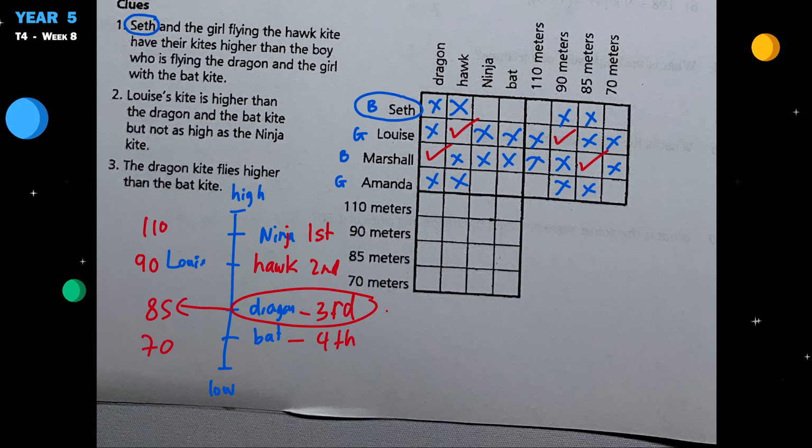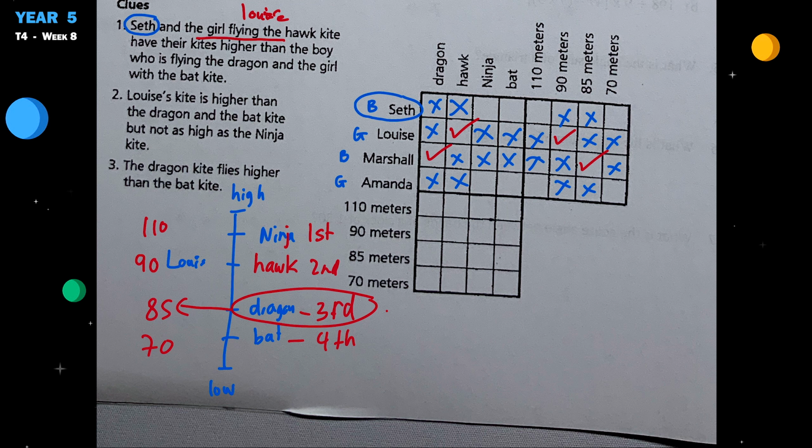Now, Seth, let me read the first one again. Seth and the girl flying the hawk kite. Who's flying the hawk kite? Lewis is the one flying the hawk kite. So that means the girl they were referring to is Lewis. They have their kites higher than the boy who's flying the dragon and the girl with the bat kite.